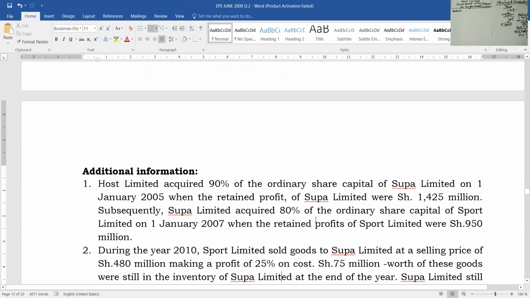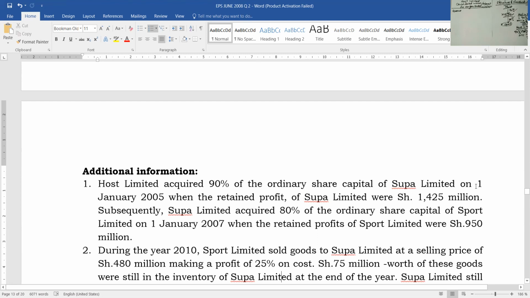Then in note 2, you are told that during 2010, sport sold goods. Before that, I was looking for the time when sport was acquired. Let's check additional information number 1.